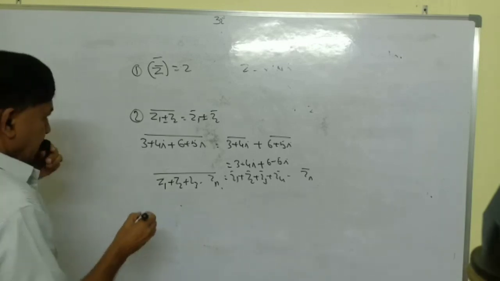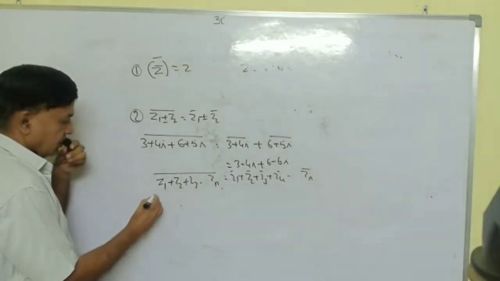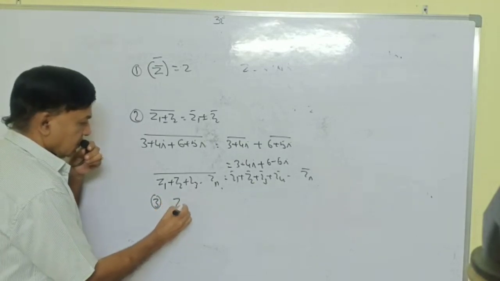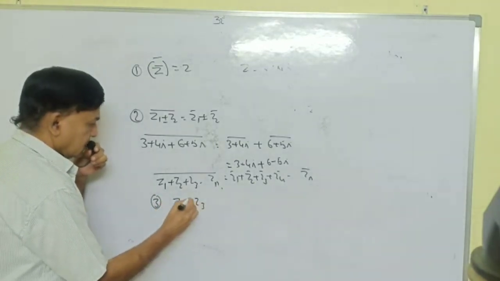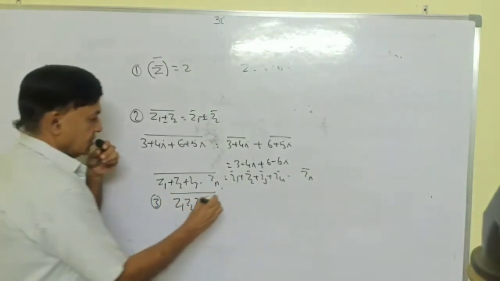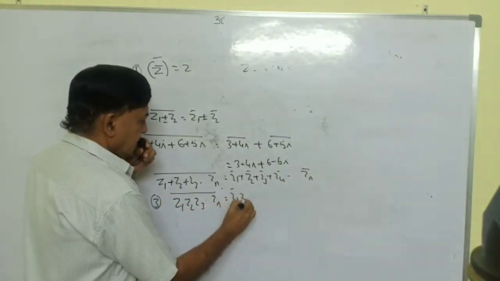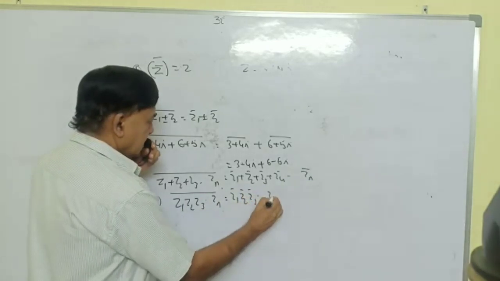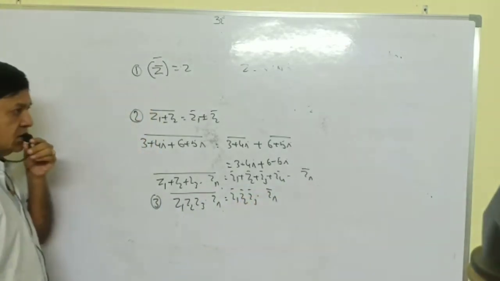The next property is the third property. (z1 z2 z3 up to zn) whole conjugate is equal to z1 conjugate times z2 conjugate times z3 conjugate up to zn conjugate.